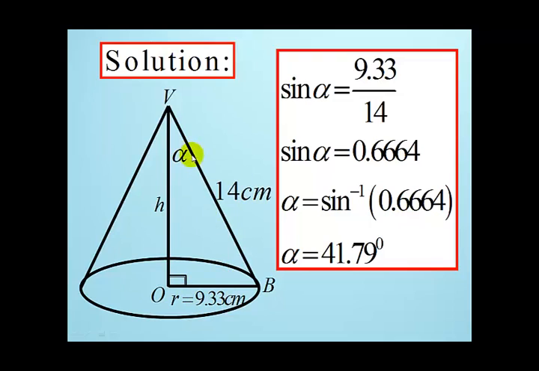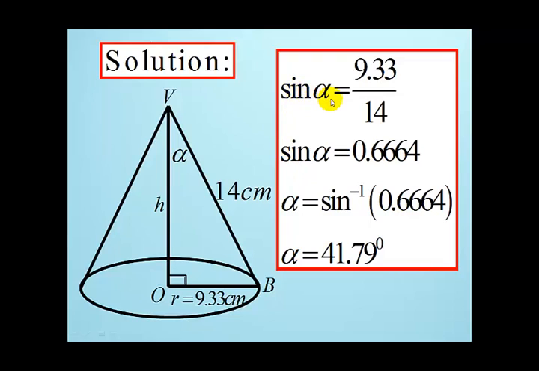Now when we consider the angle alpha, we can see that the side OB, that is the base radius, is opposite to the angle alpha, and the hypotenuse, that is 14 centimeters, is the hypotenuse to the angle alpha. So considering the right angle triangle VOB, we have the opposite and we have the hypotenuse. That means that we use the ratio sine, because sine is equal to opposite over hypotenuse. So the ratio you are going to use is dependent on the sides of the right angle triangle given.